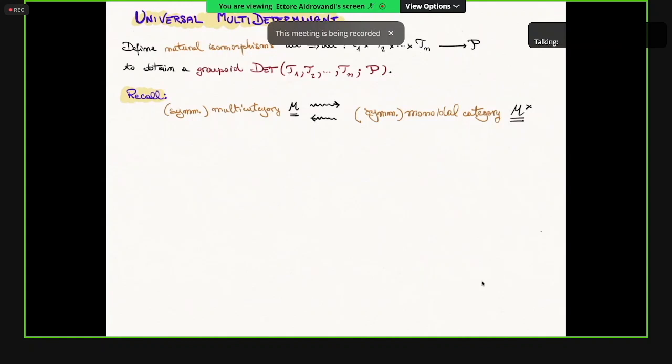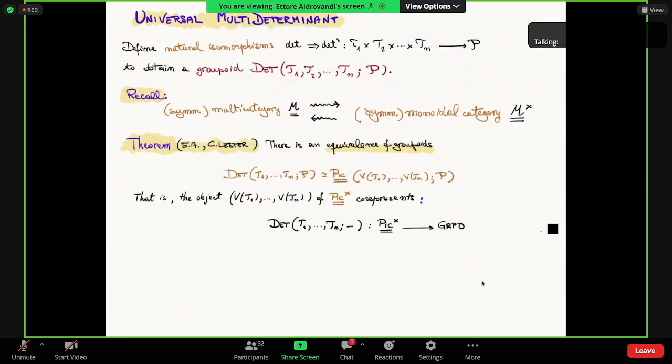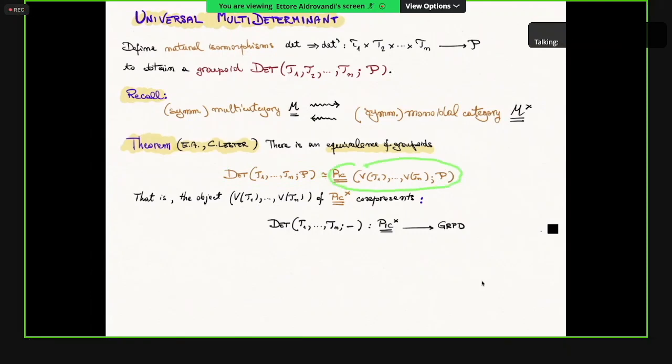So with that kind of notation, I want to remind you of that, because there is this funny symbol that I'm going to use. So the theorem is that you do get an equivalence of groupoids between the groupoid of determinant functors and the groupoid of n functors, within Picard groupoids, which are monoidal in each variable.